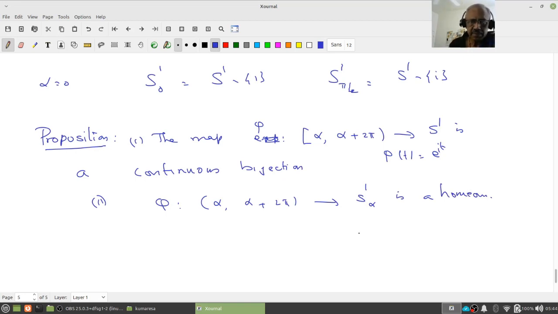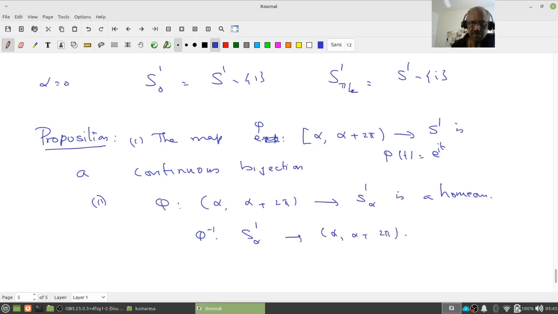Okay. See, this alpha is removed, therefore e power i alpha cannot be in S1 alpha. Therefore phi inverse makes sense now, from S1 alpha to the interval alpha to alpha plus 2 pi.